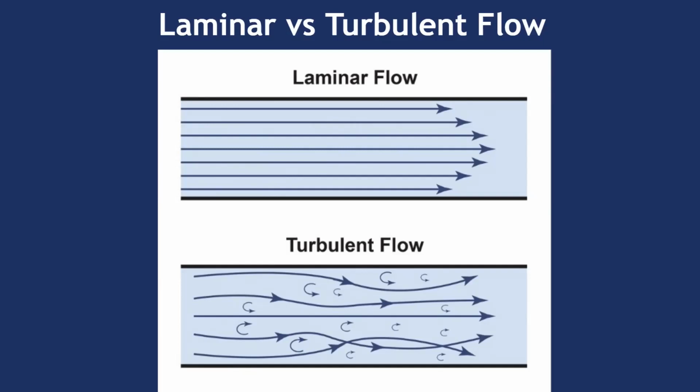So the top part of the screen shows you what's called laminar flow. Now, this is a diagram of water flowing through a pipe. And the idea here, as you can see from the arrows in the top part of the diagram, is that the water flowing through the central part of the pipe actually flows faster than it does around the edges.